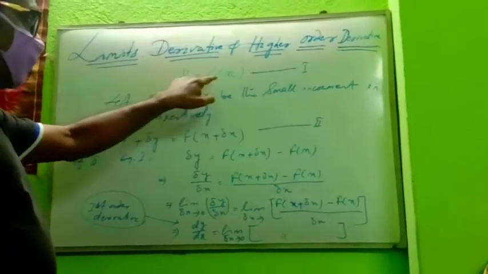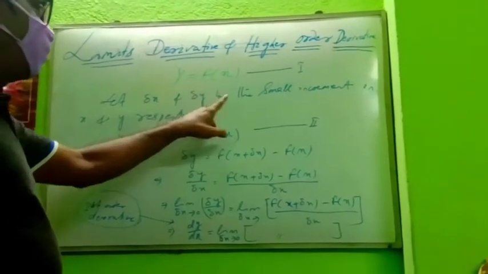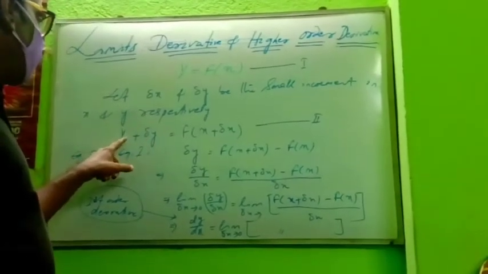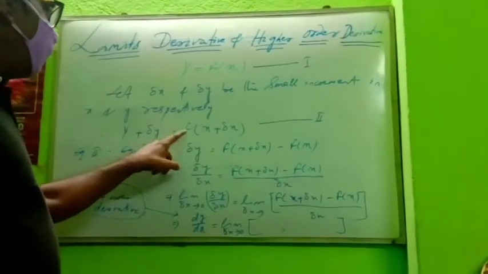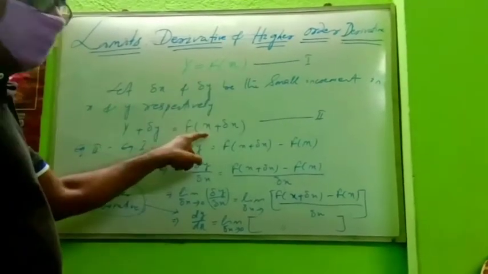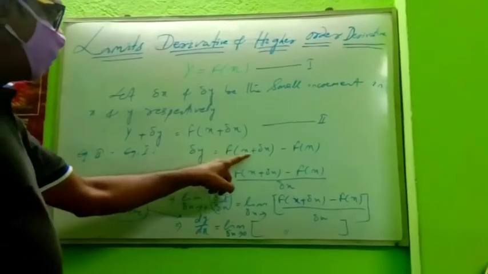Given y is equal to f of x, it is a given function. I am taking let delta x and delta y be the small increments in x and y respectively. Then it will be converted to y plus delta y is equal to f of x plus delta x. Now we subtract equation 1 from equation 2. The result will be delta y is equal to f of x plus delta x minus f of x.